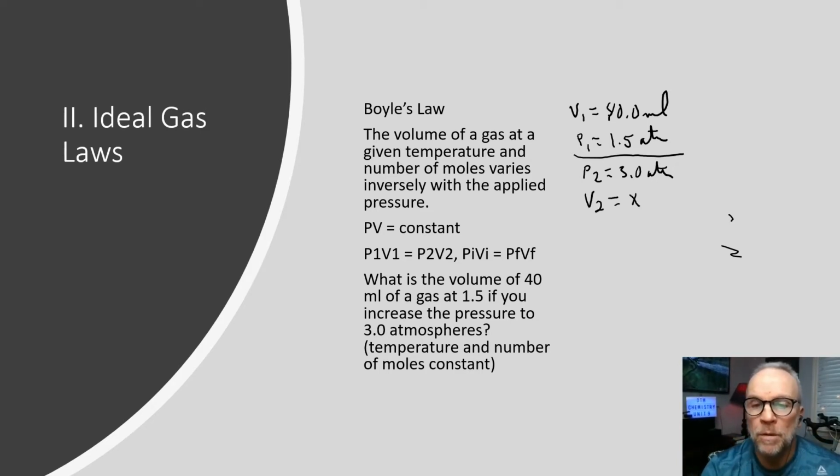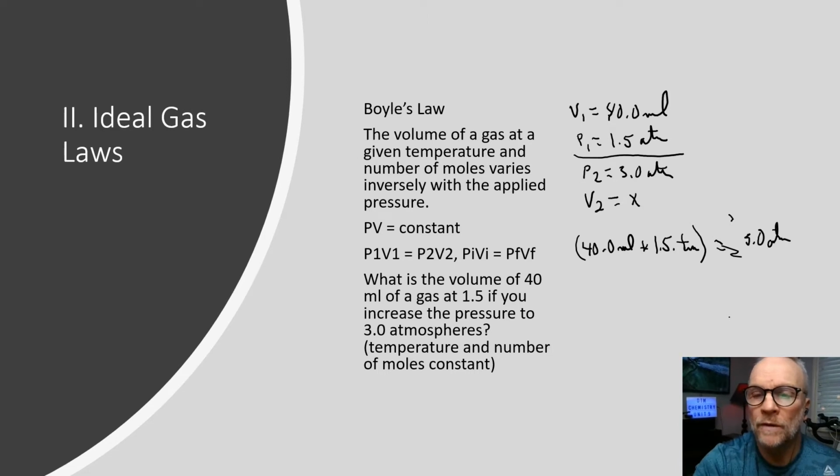Okay, so you just plug those in and solve. I always think it helps to go ahead and write your units down as well. So 40 milliliters times 1.5 atmospheres is equal to 3.0 atmospheres times X, which will be our volume.